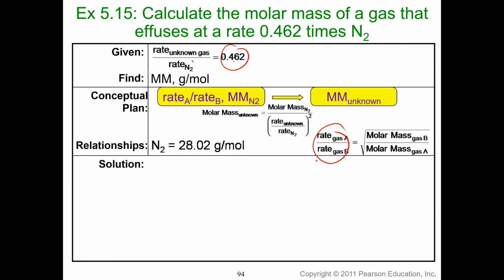Why are you confused again? Because it says nitrogen here, right? You see that? Yeah. And it says at this rate. So the rate is what? The rate of unknown to nitrogen is 0.462.